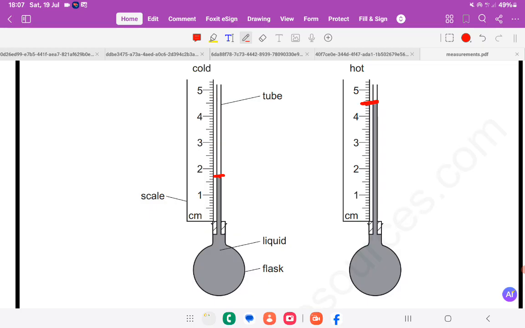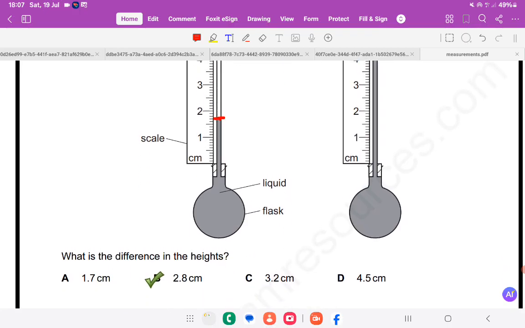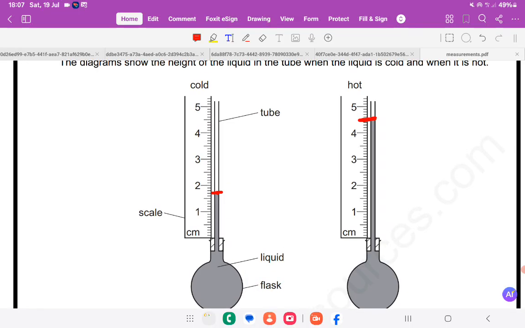Okay, so the question is asking us to state the difference in the heights. So the difference in the heights is simply referring to this height here. I mean this change. Okay, we need to find this change.